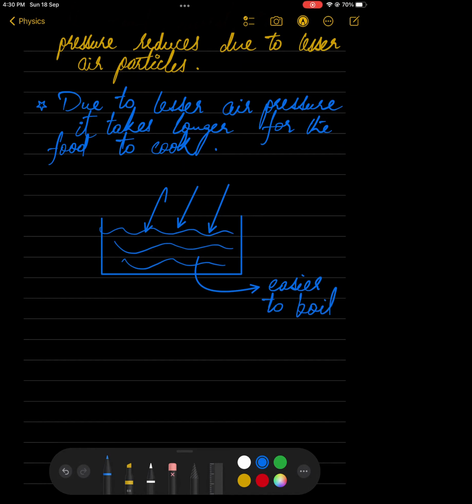What is the reason behind it? The reason is that pressure is directly proportional to temperature. When you increase the pressure, your temperature also increases.